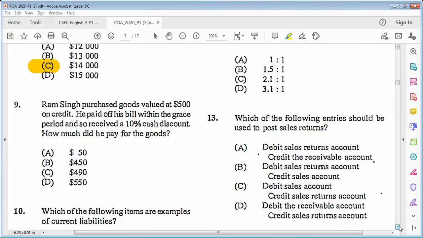So when we find 10% of $500, we get $50. And then we have to find the discount, we have to take away $50 from $500. So therefore, we're left with $450. So our answer is B.